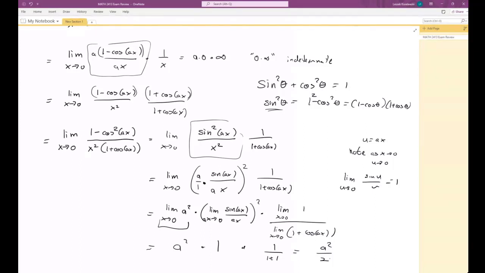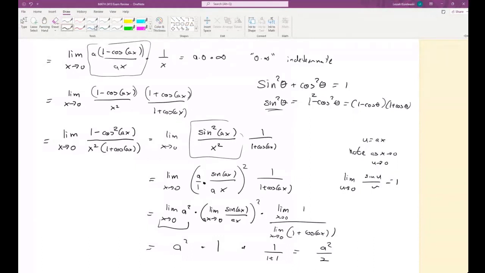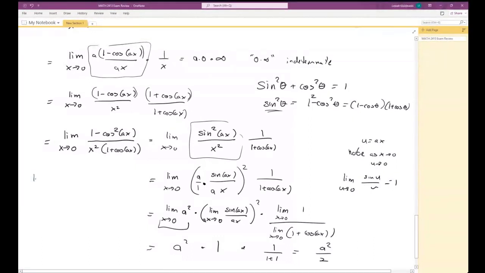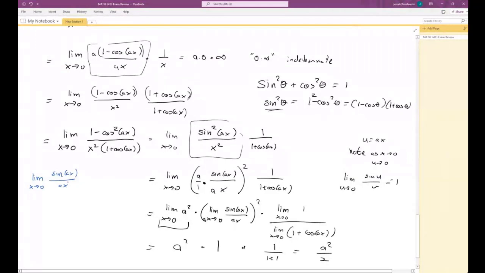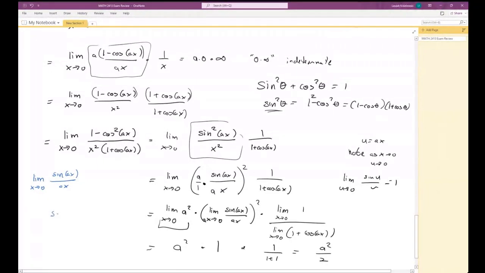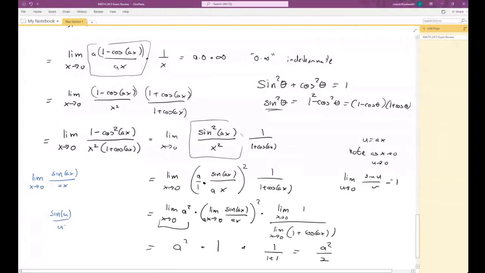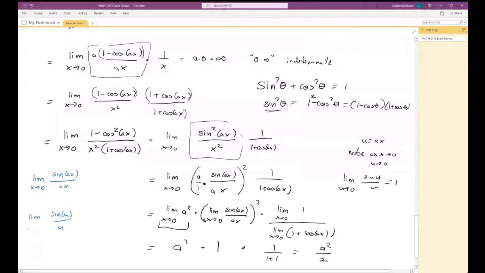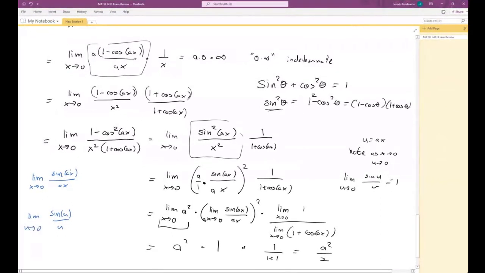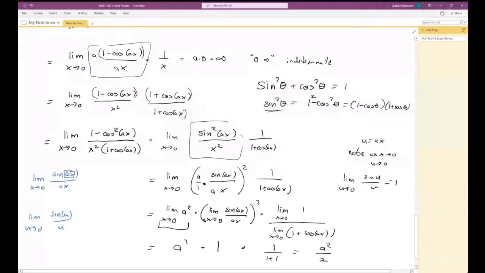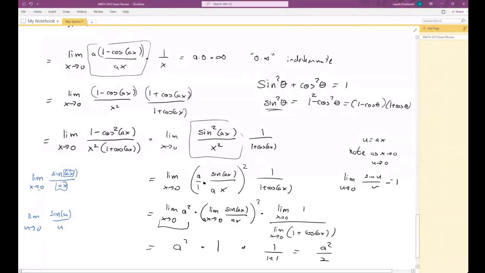Oh, yeah. So what I was attempting to say is that we have this limit, x goes to 0, we have sine ax over ax, right? But technically, if we have sine u, we need u to go to 0. So it's silly, but here we have ax, but it's only x that goes to 0.